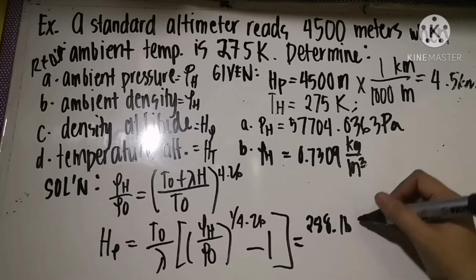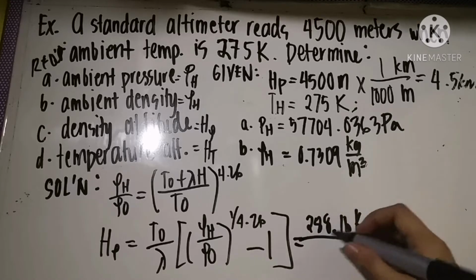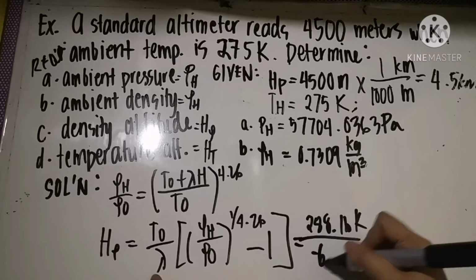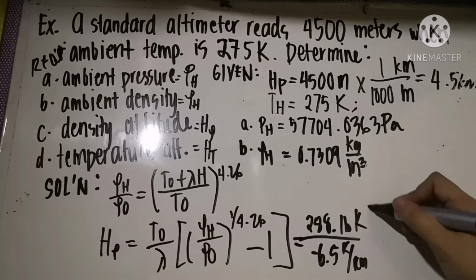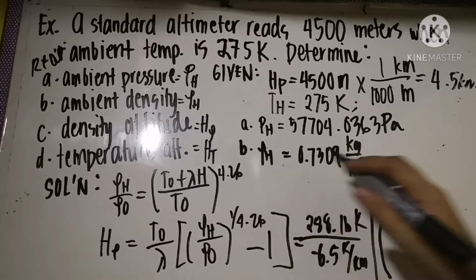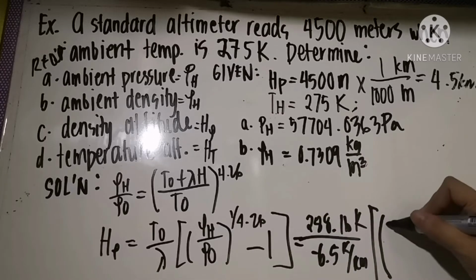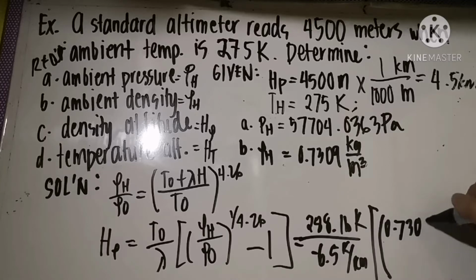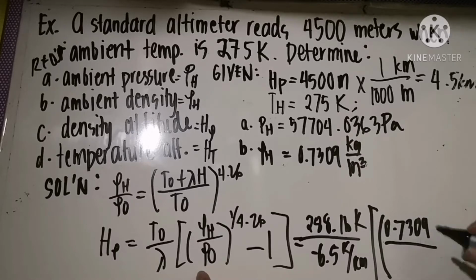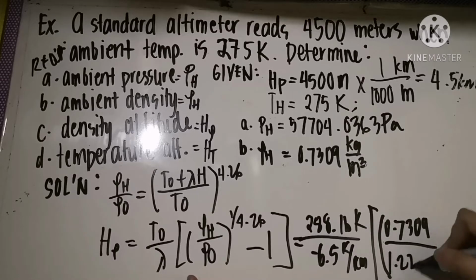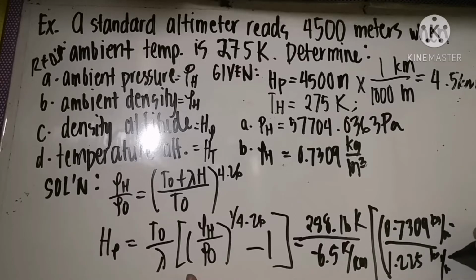Yan. Kelvin over then substrate na negative 6.5 Kelvin over kilometers. Oh, parang di kasya. So, ambient density is 0.7309 over your SSLC density is 1.225 kilogram per meter cube raised to 1 over 4.26, and don't forget the minus 1.